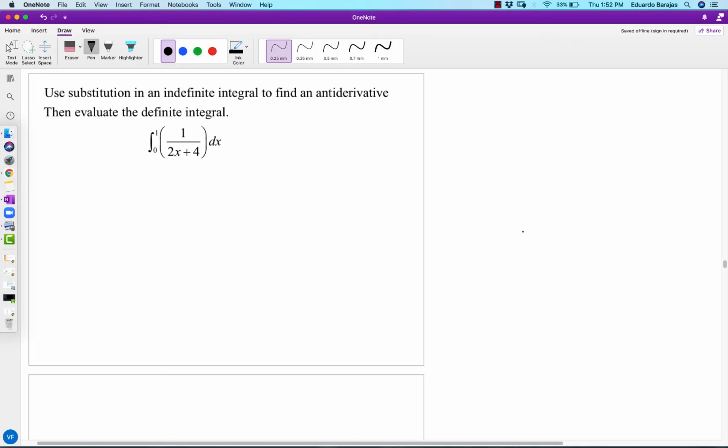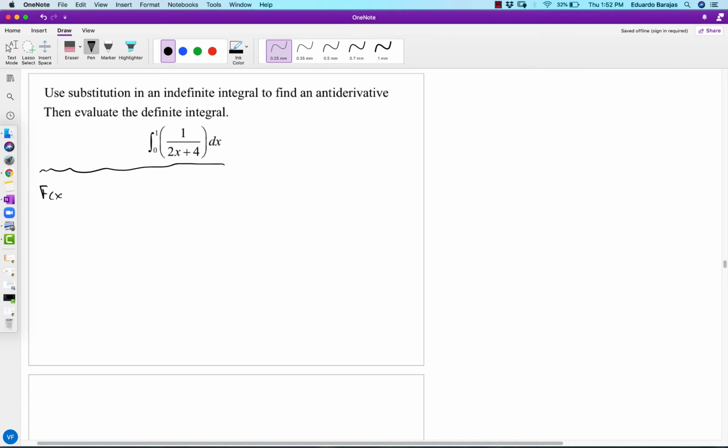Okay, use substitution in an indefinite integral to find the antiderivative and then evaluate this definite integral. Okay, so let's begin by working with an indefinite integral. So that means an antiderivative. We're going to label that as capital F of x.